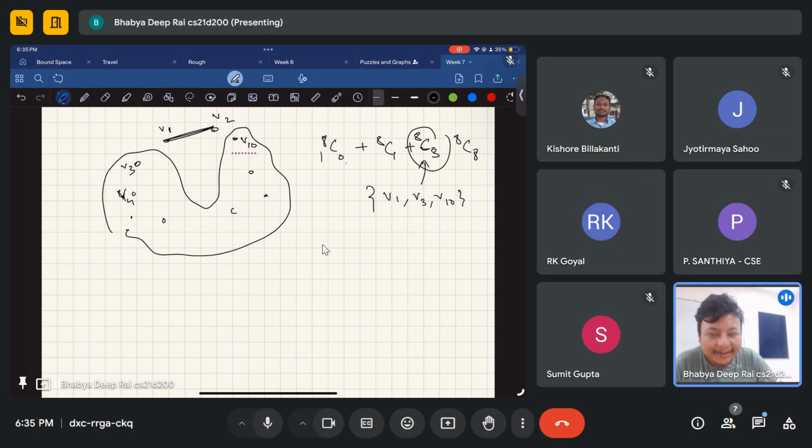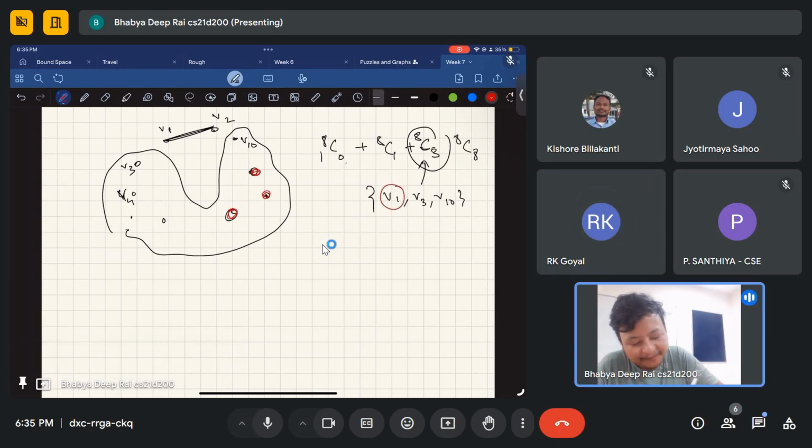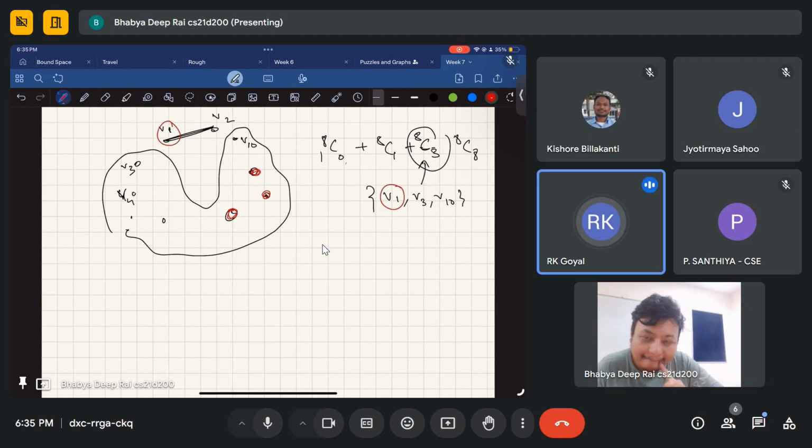But in 8C3 you are selecting only from the remaining 8. But there is a V1 here, and V1 belongs outside. Even if you select this V1, I have excluded it. So probably, in this way, it is not correct.